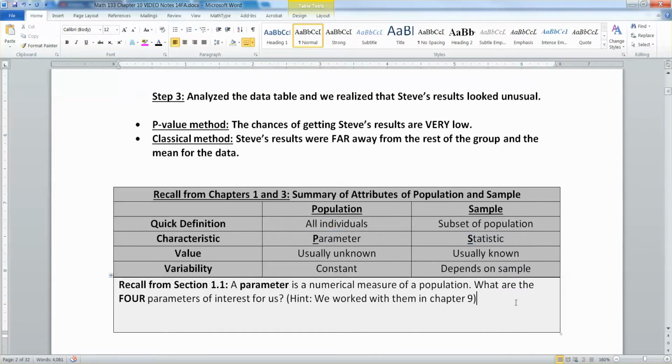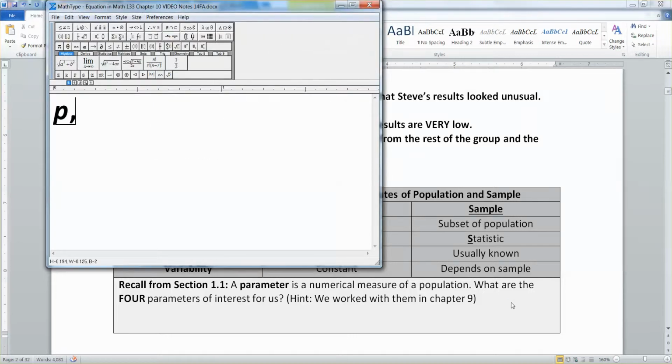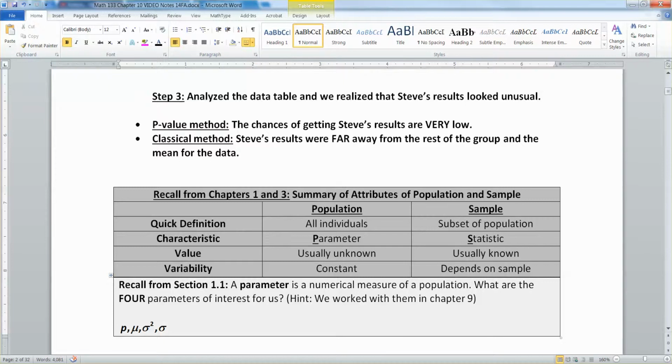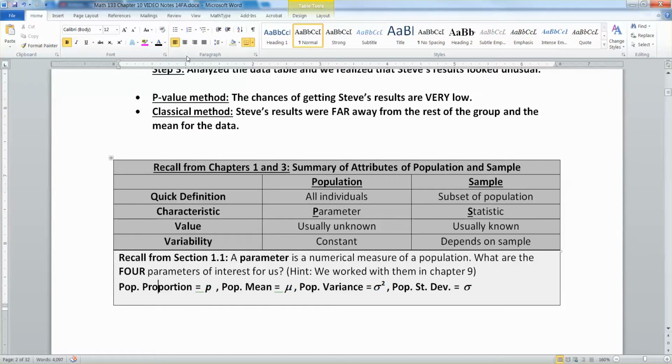Now, what parameters can we make tests about? Well, they're the same parameters we could make confidence intervals for. So the population proportion P, the population mean mu, the population variance, which is sigma squared, and the population standard deviation, which is sigma. There, I typed them up a little bit better for you to see.